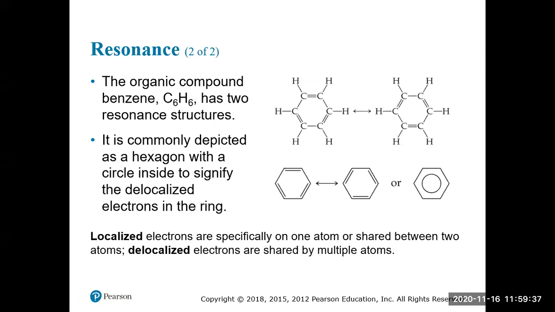These electrons don't just share between the two carbon atoms next to them. It's more of a group sharing with all the carbon atoms in the ring, and that results in a more equal distribution of the electrons throughout that carbon circle, that carbon chain. And so those electrons are called delocalized.